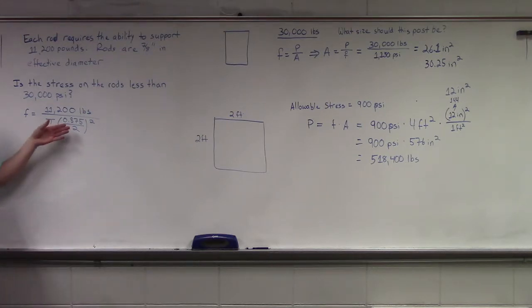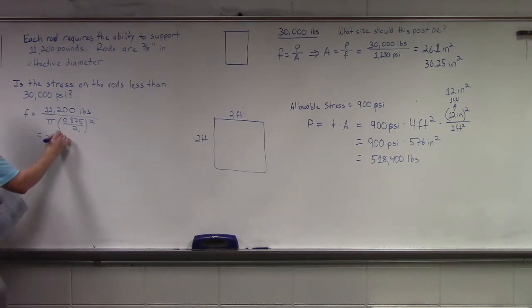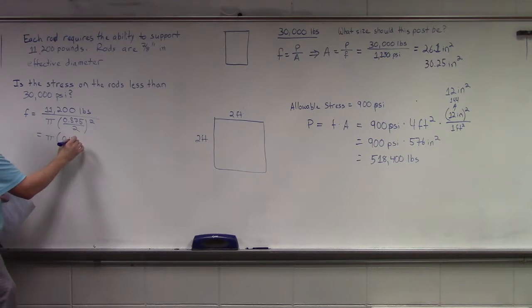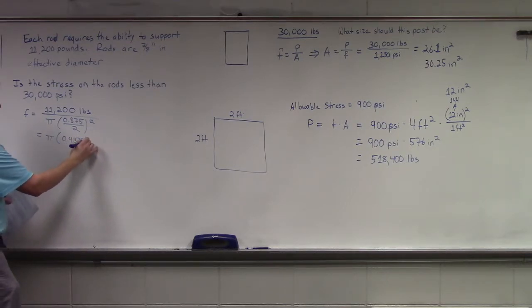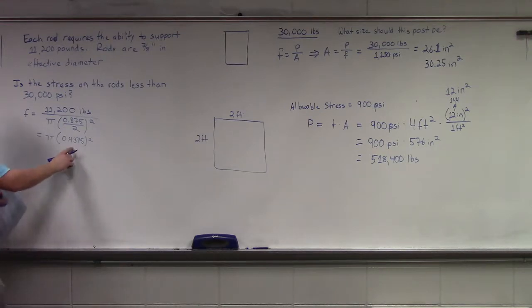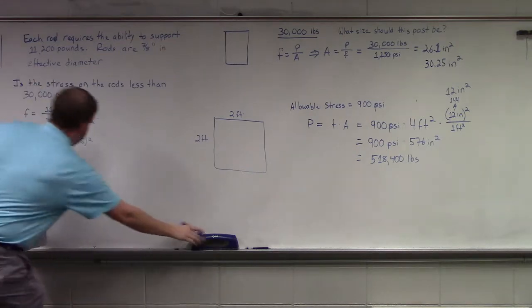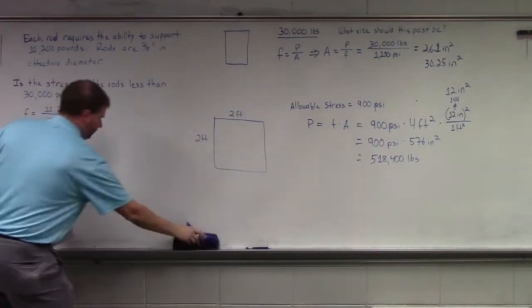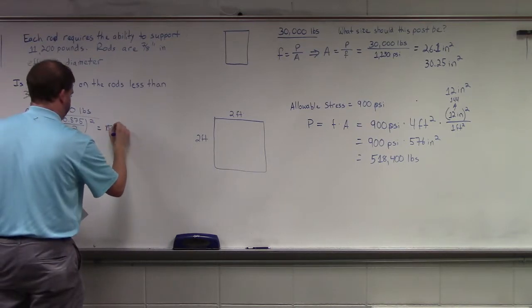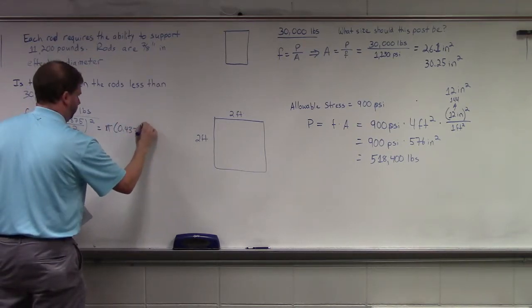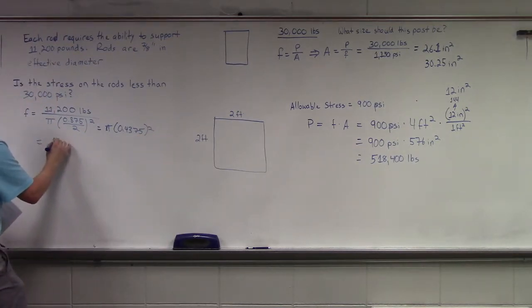Right? 7/8 is 0.875. Yeah, 0.6. So what does that become? That whole term, the area, is 0.6.